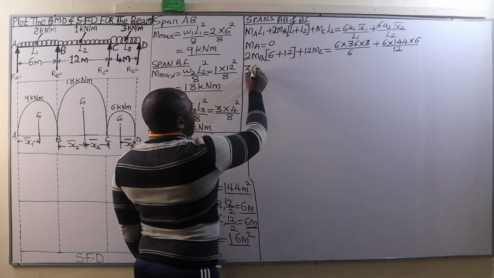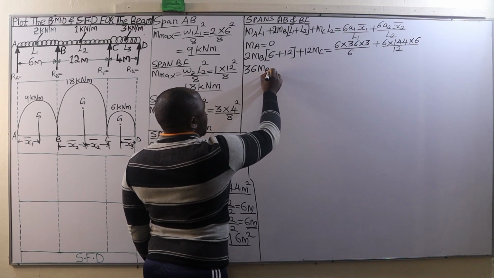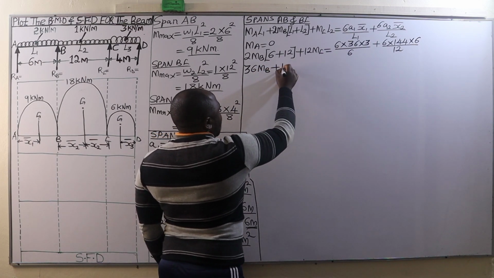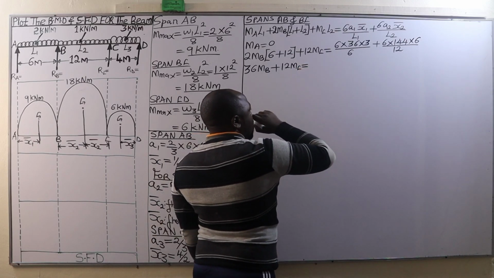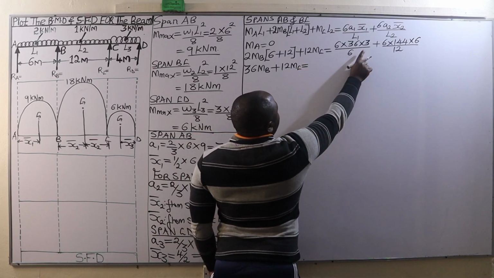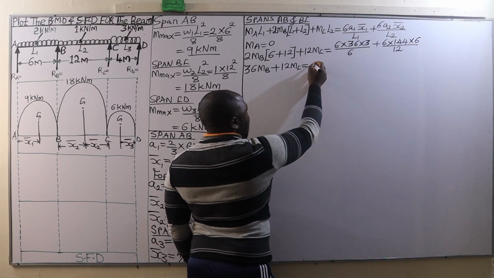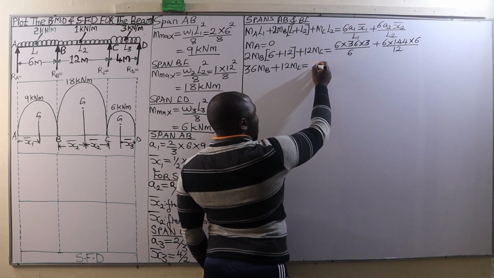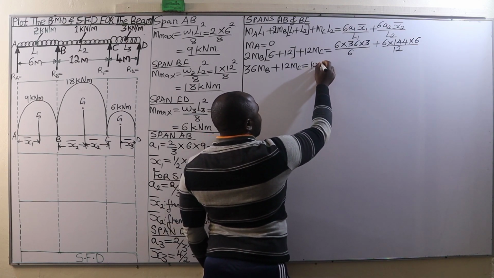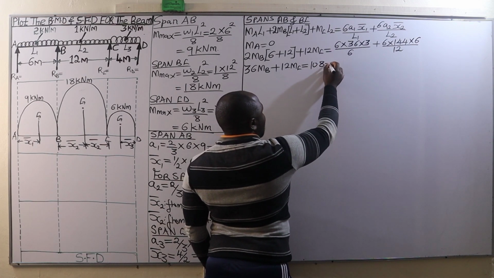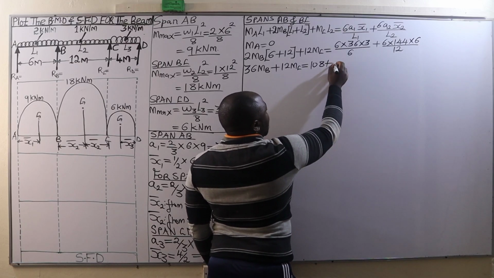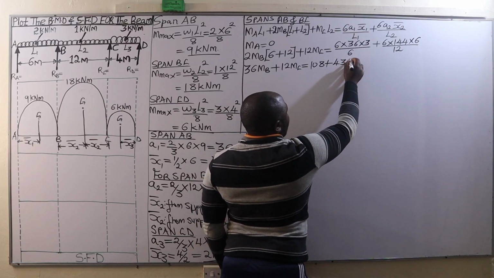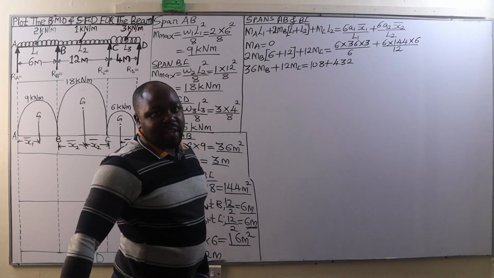So we are going to have 36 MB plus 12 MC, which will be equal to 6 times 36 times 3 over 6, that is 108, plus 6 times 144 times 6 divided by 12, that is 432.